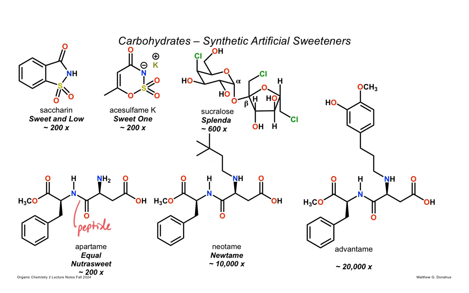That probably increases the solubility of that molecule as it enters those receptors. And then this one, advantame, is 20,000 times, and they've just changed out that tert-butyl group for an aromatic group. So the takeaway is that these functional groups can drastically change the properties of these molecules.